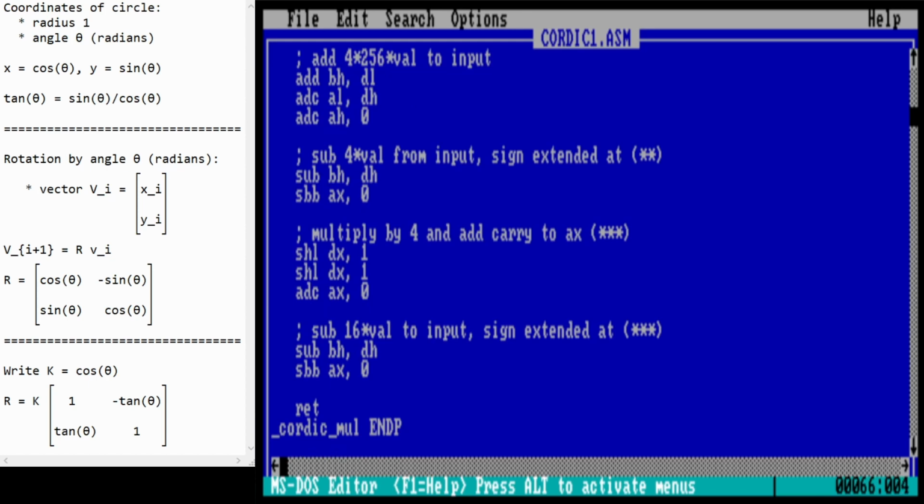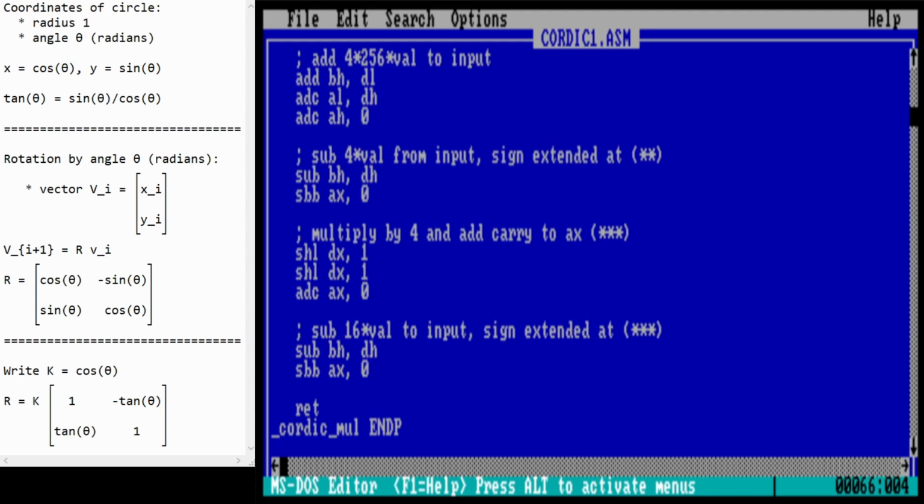So now we basically have an entire Cordic multiplication implemented. And you can see that I didn't actually bother saving or restoring any registers in this routine, which is really nice. And the reason for that is that the only registers we actually messed up in this routine are CX and DX that we put our copy of the input in.